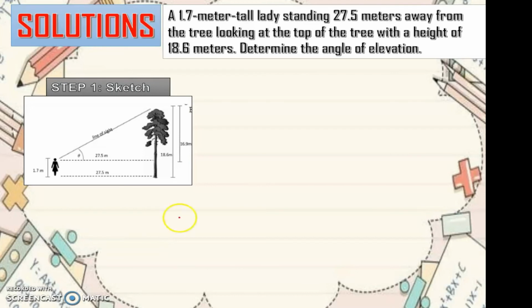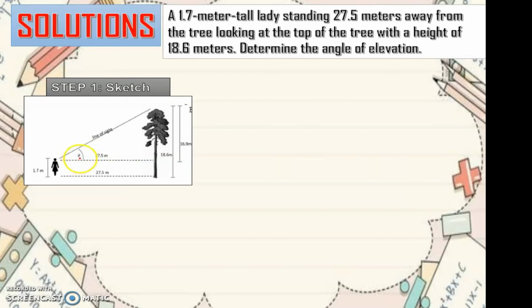So here, as you can see, we have the lady standing 27.5 meters away from the base of the tree, and the height of that lady is 1.7 meters, and she's looking at the top of the tree with a height of 18.6 meters. Okay? And we're going to find the angle of elevation.